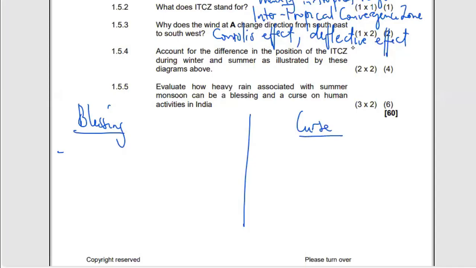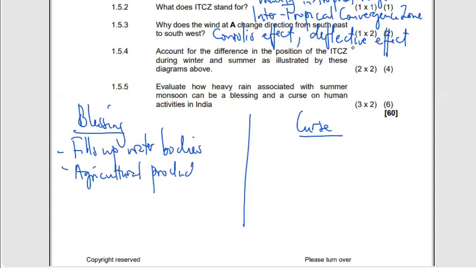We are saying it's a blessing in the sense that it fills up water bodies, the different water bodies are filled up and people have got water for use. We can also look at how it boosts agricultural productivity because crops have got enough moisture for sustenance. We can also look at availability of water for livestock. It's a blessing.